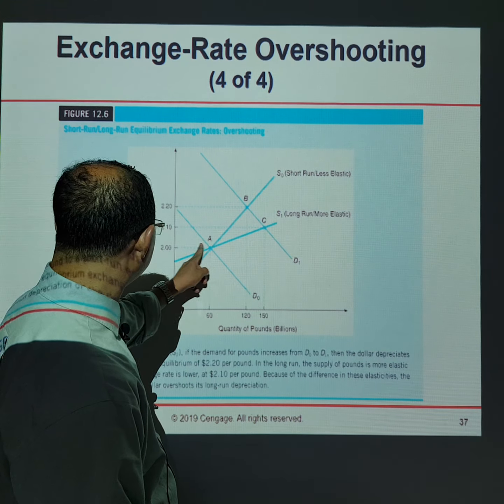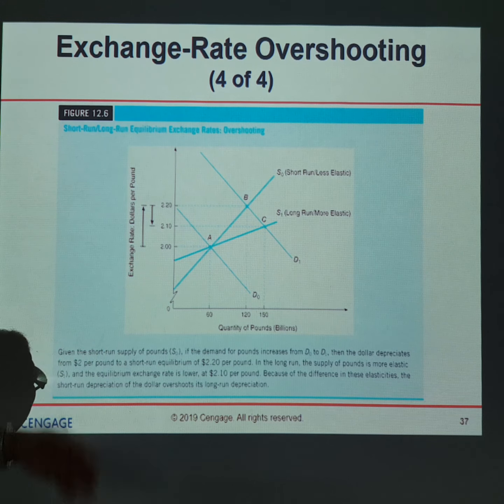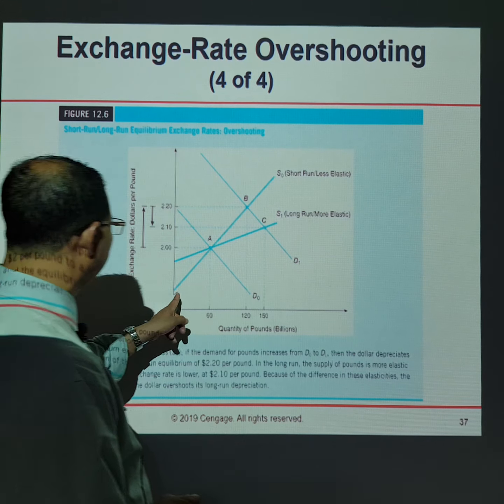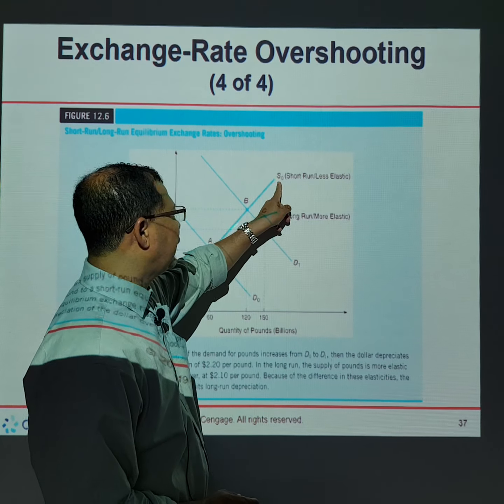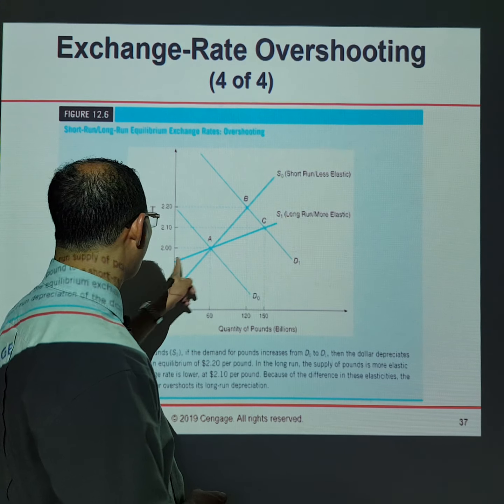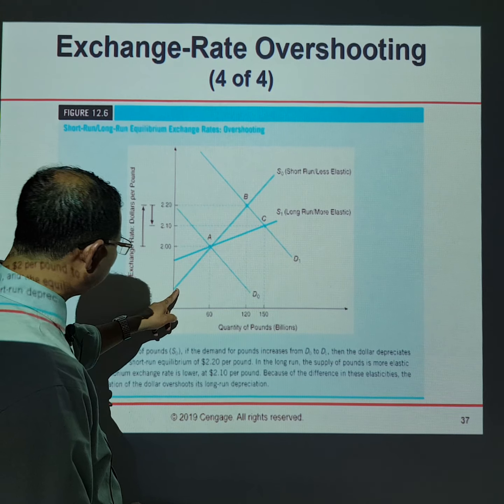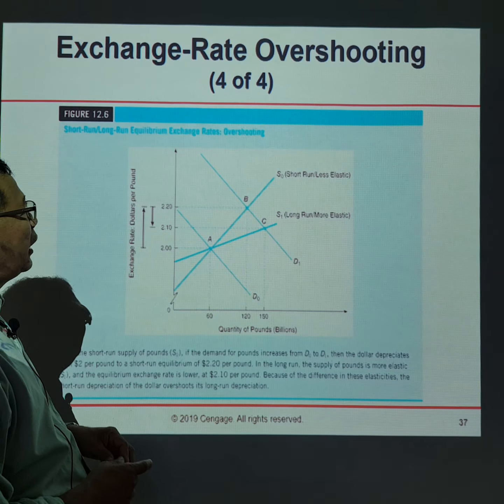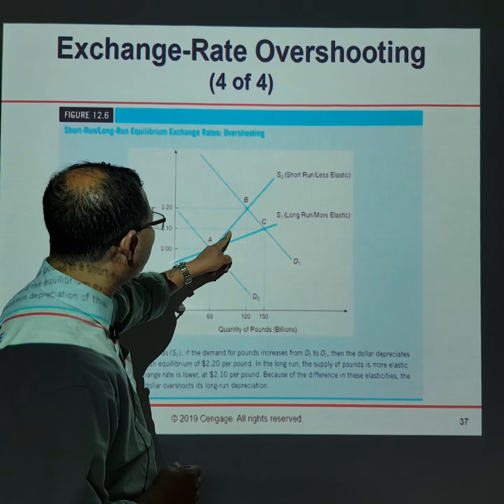So the response in the short run, this is the short run, less elastic compared with the long run, more elastic. In the short run, in response to changes in market fundamentals, there's going to be overshooting.